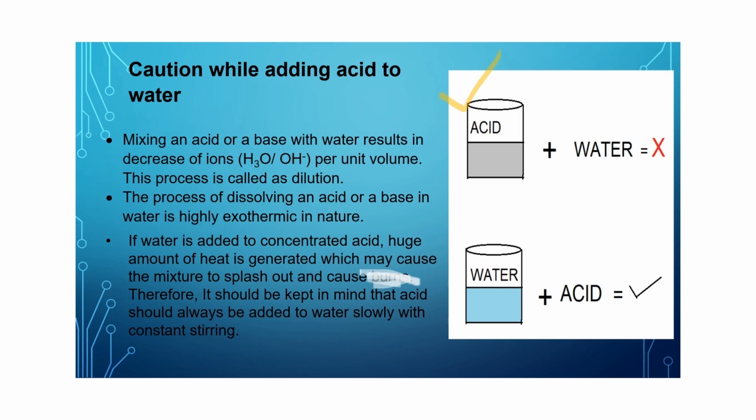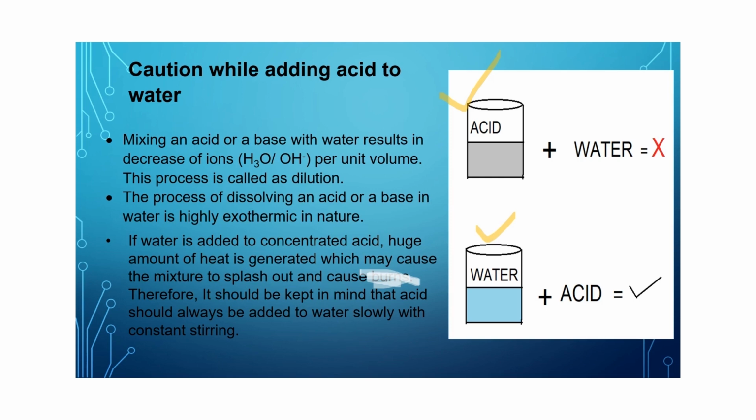Acid plus water is marked with a cross, which means this should not be done. And water plus acid is marked with a tick, this should be done. This means water should not be added to acid, but it should be the other way round. Always acid should be added to water so that it is not dangerous.